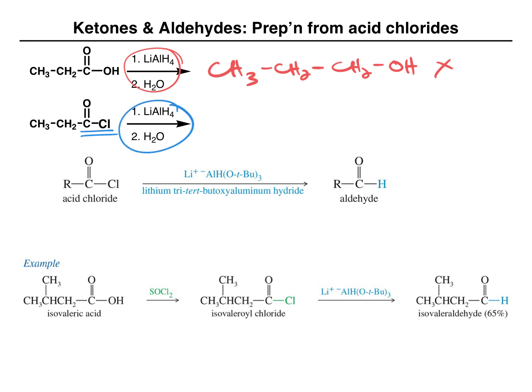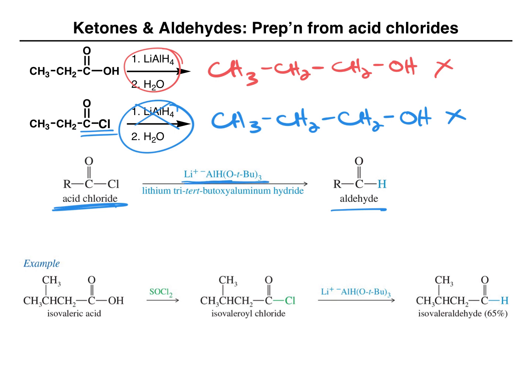If an acid chloride is treated with lithium aluminum hydride followed by water, again, a reduction will occur, but again, we end up with the alcohol. So that doesn't work. But an acid chloride can be reduced to an aldehyde, not using lithium aluminum hydride, but instead using a milder reducing agent.